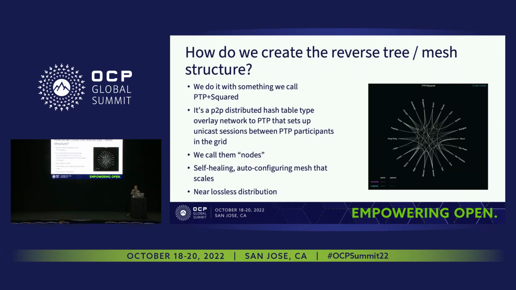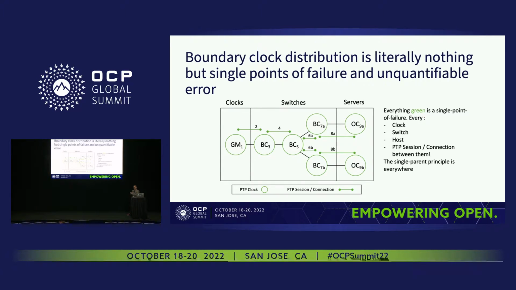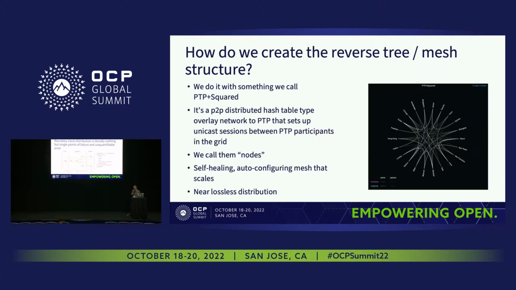So we came up with a mesh-based structure, in effect flipping that on its head, so it's many to one rather than one to many. And that creates a mesh table we can see here. On the right-hand side is just a nice visualization for it. But essentially, we have a peer-to-peer distributed hash table, which seeks out and finds other peers in the network, all encrypted with keys they generate themselves.